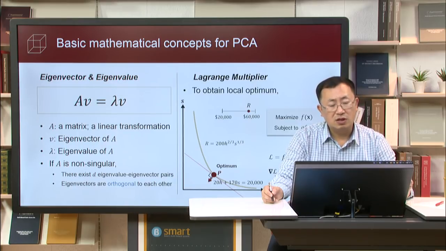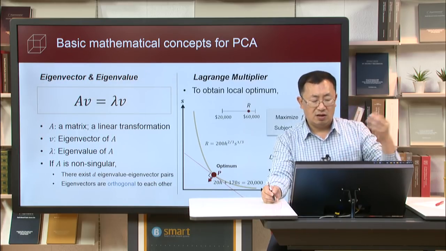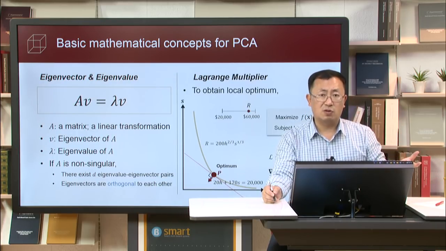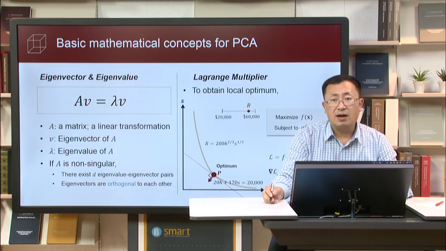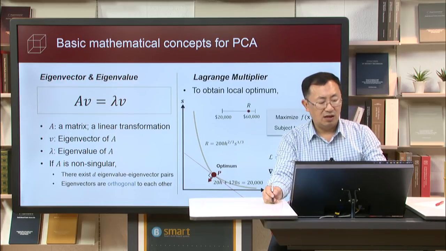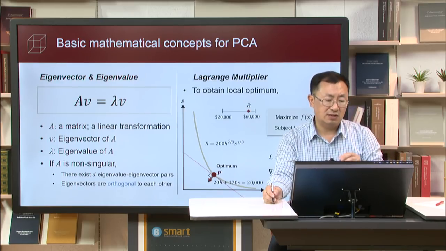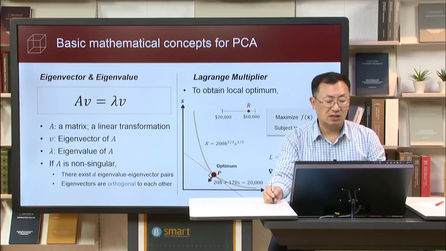Okay, so you also need to understand the concept of eigenvector and eigenvalue. Probably you already learned it through the prerequisite course for the Mathematical Fundamentals for Data Science course. Anyhow, let's think about a matrix A. You can find v and lambda, where lambda is a constant and v is a vector, that satisfy this equation: Av equals lambda v.